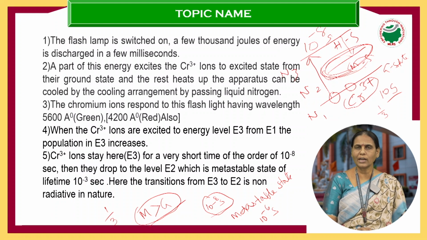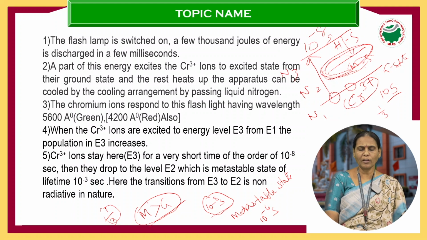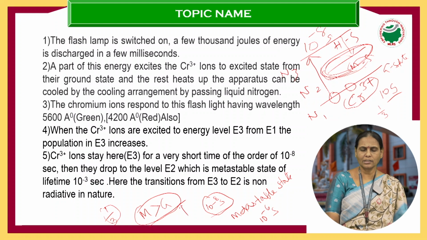Next, I'm giving you the condition to see population inversion in the case of ruby laser: once 1/3 of the chromium ions receive energy and get excited to the higher energy state, you will observe that more atoms get deposited in the M state compared to the ground state. This is nothing but the population inversion condition.